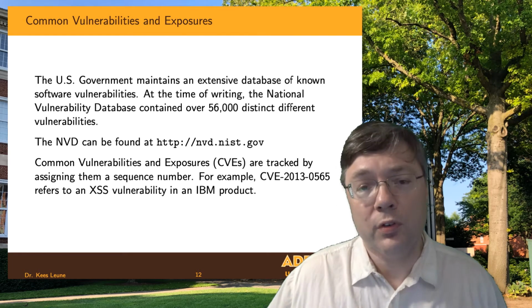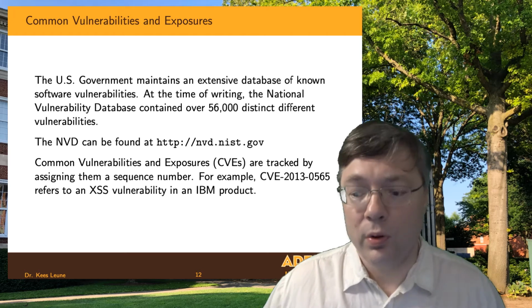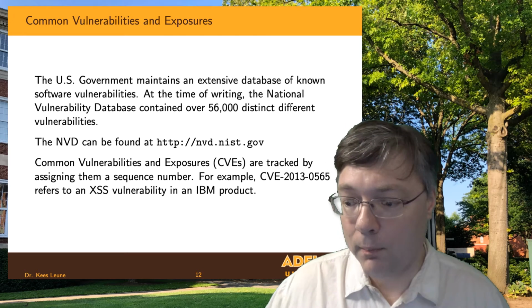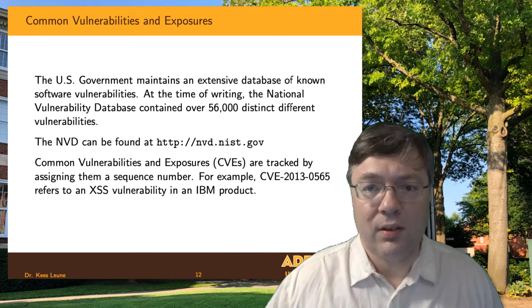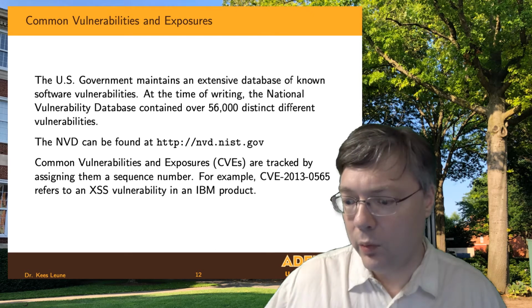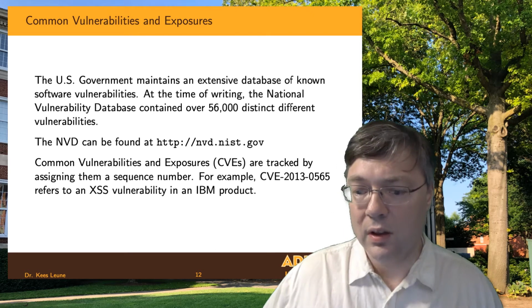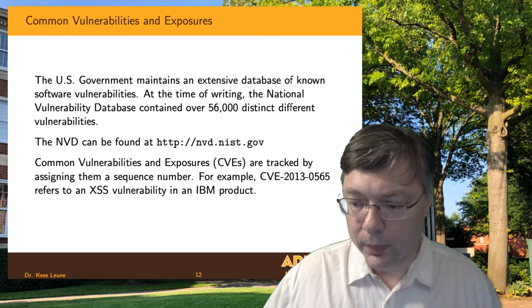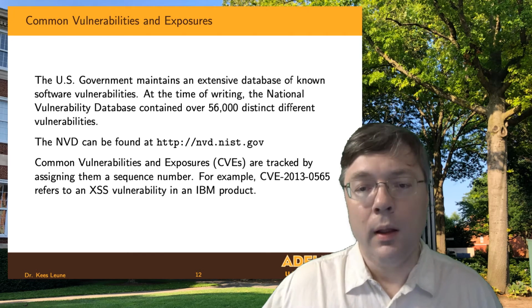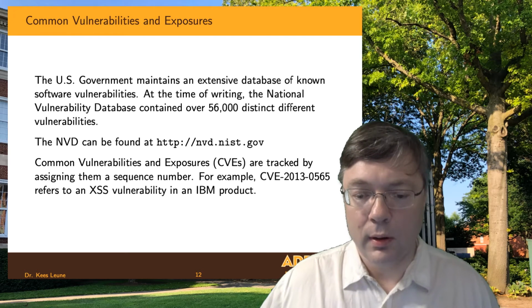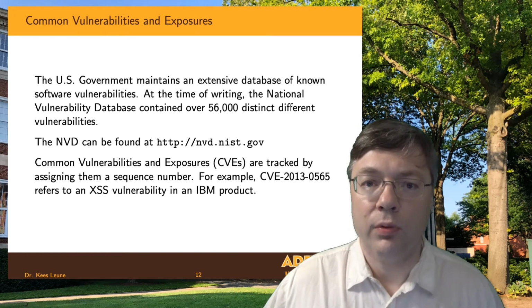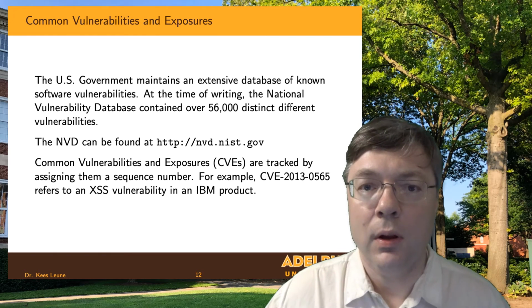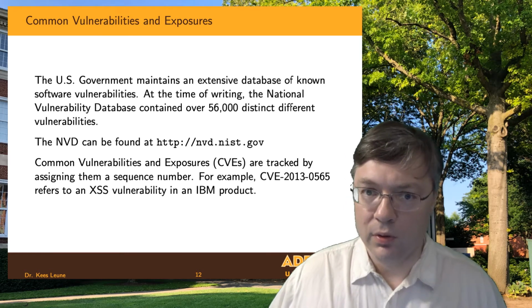But all of this, of course, comes down to, do vendors report this to the CVE database? When I wrote my slides, and that's been quite a while now, I have to update this, there were 56,000 different vulnerabilities in there. I'm sure by now it's a lot more. There's some good descriptions there, and we'll probably take a look at some of those CVE entries when we do our assignments in class.